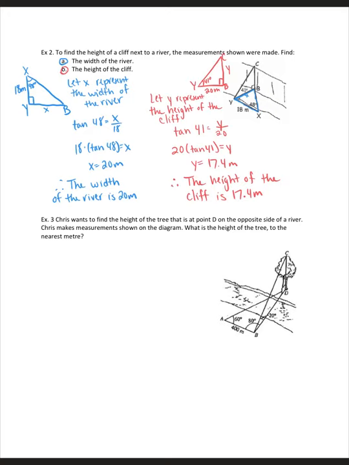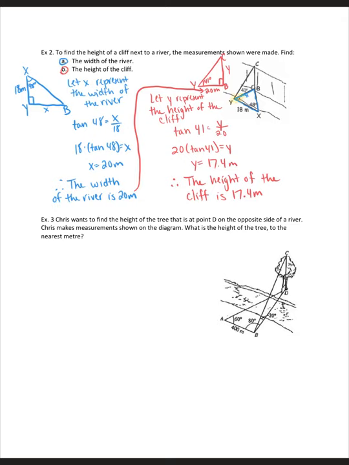All right, so there's your solutions to the rest of the problem. If we set up the width of the river question using our tangent ratio, we should find that the width of the river is 20 meters. Then we can use that 20 meters and plug it in to our other problem because those triangles share a side. That's where we plugged it in right there, because you can see that that side length is shared between the two triangles.